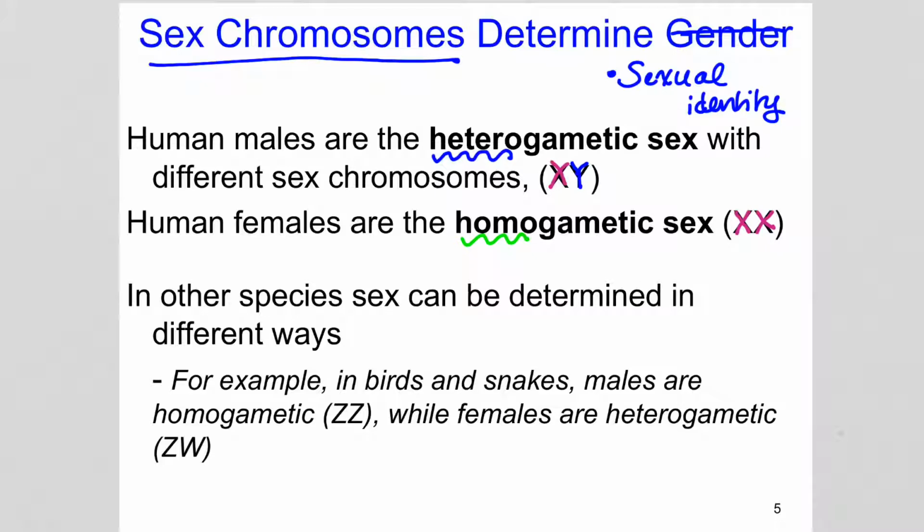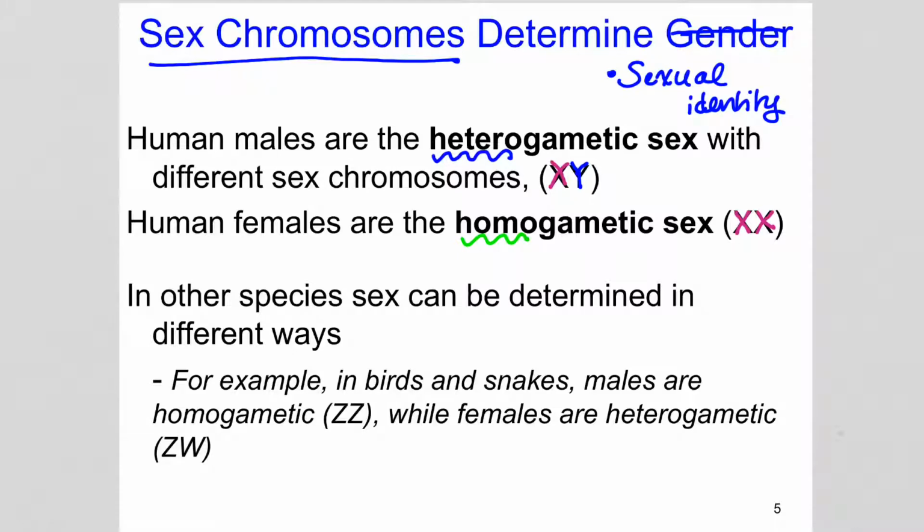So note that in other species, sex can actually be determined in different ways. So for example, in birds and snakes, males are actually the homogametic sex. So we're dealing with even different names for their chromosomes here, the ZW system.